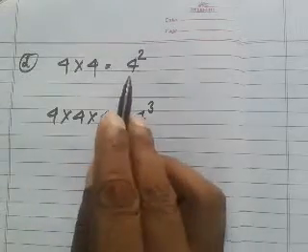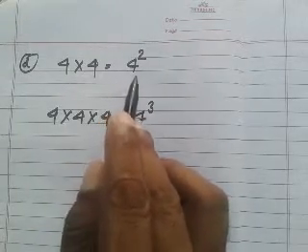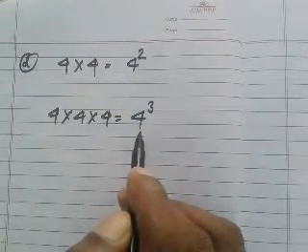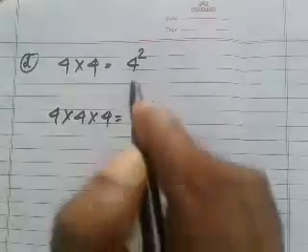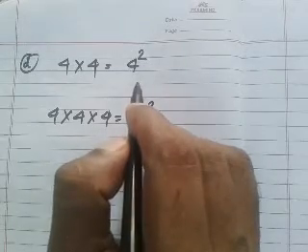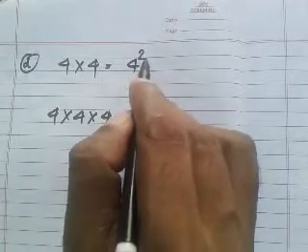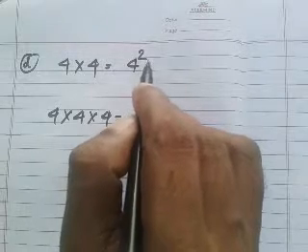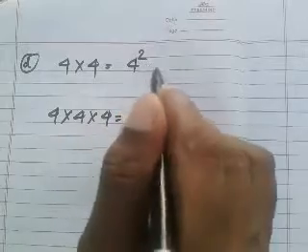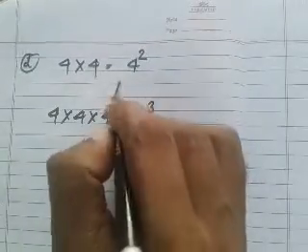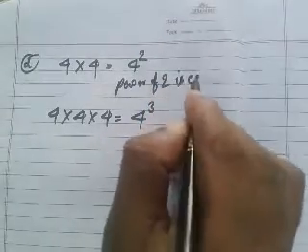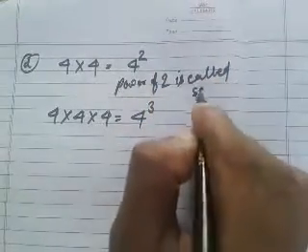When a number is repeated 2 times, the power of 2 is called square.